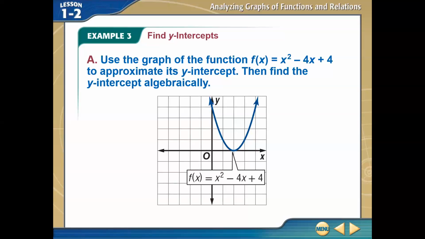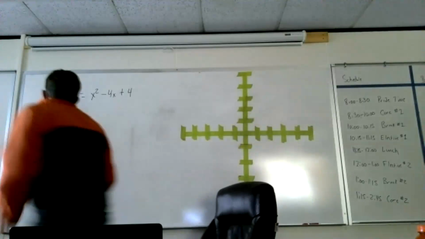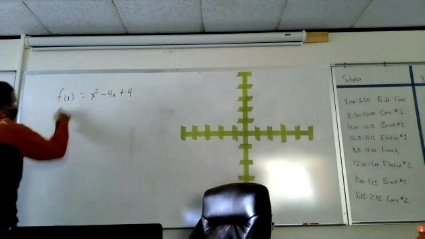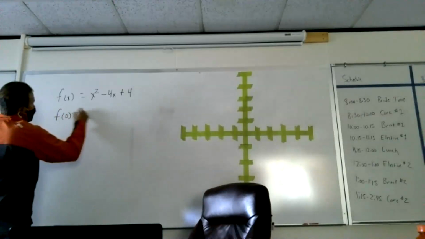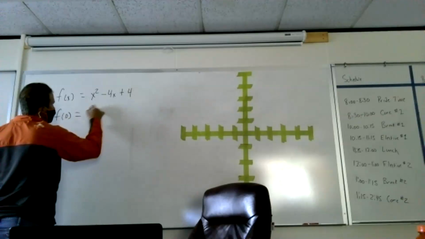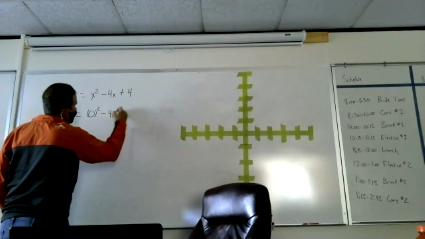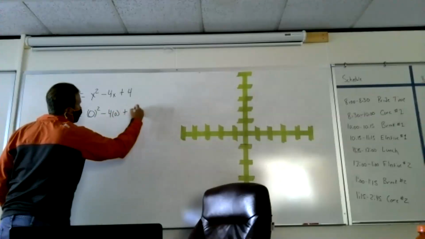So we're going to say that 4 is our y-intercept. Now we have to check it algebraically. The way that we check it algebraically is we want to find what f of 0 is. So we're going to plug a 0 in for each place we see x, and then solve it.